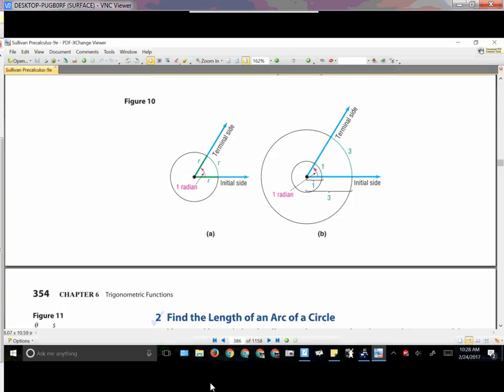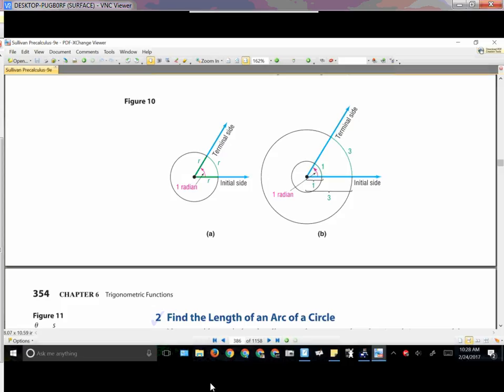I can do this in rotations. How many times does it go around? I can do this in degree measure. There's 360. I can also do this in radians. Radians is another form of measurement that is generally identified in the terms of pi.